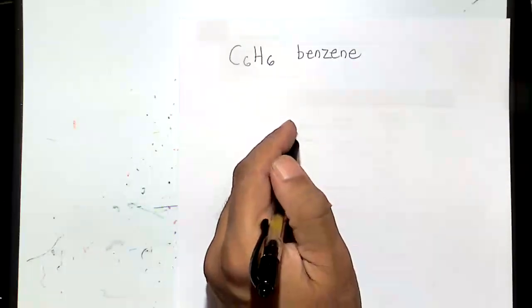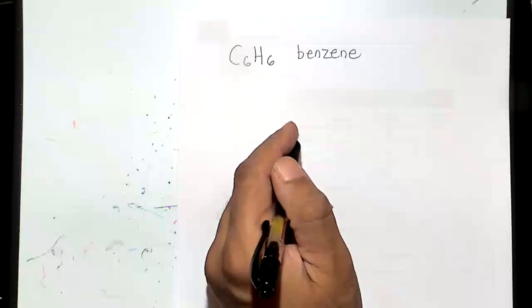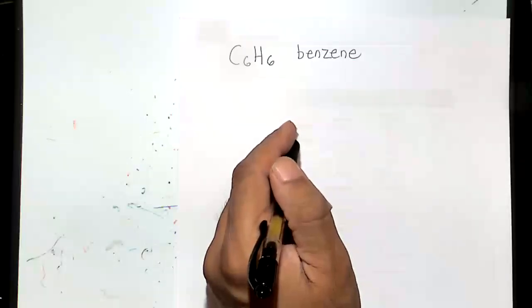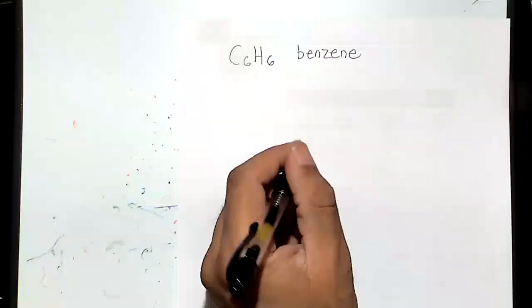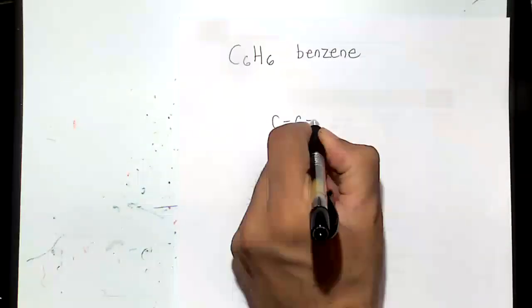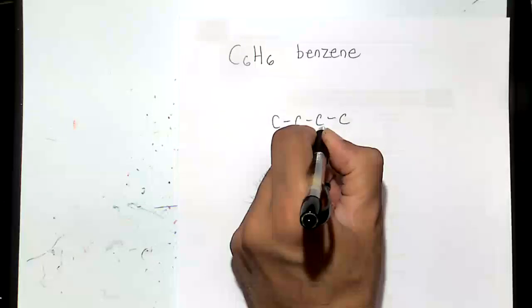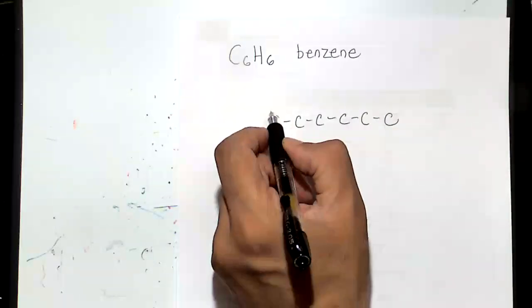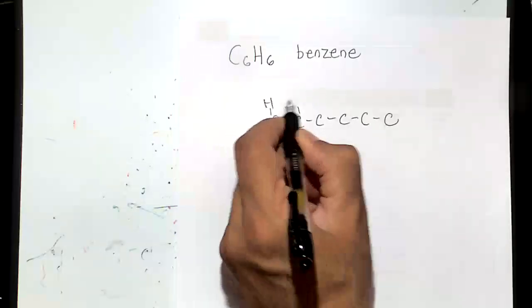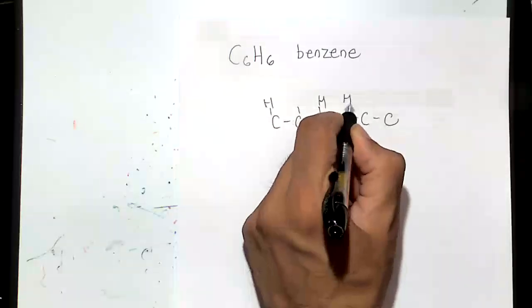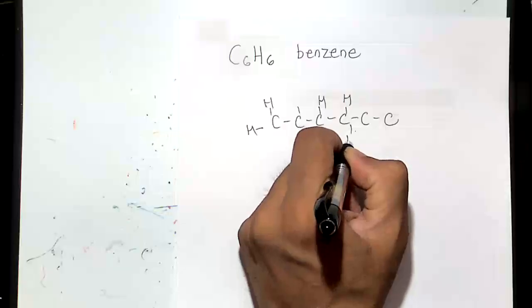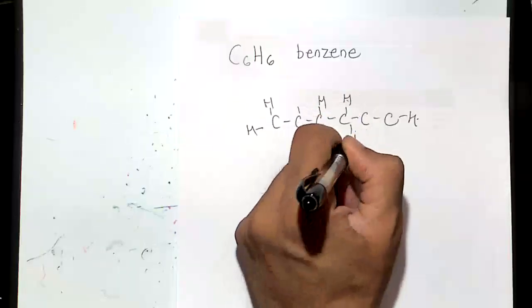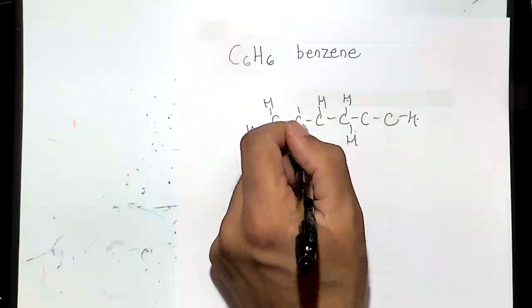All right, C6. How will you arrange 6 carbons and 6 hydrogens? Carbons love to be with carbons, right? 1, 2, 3, 4, 5, 6. Okay, but how will I get 6 hydrogens? 1, 2, 3, 4, 5, 6.